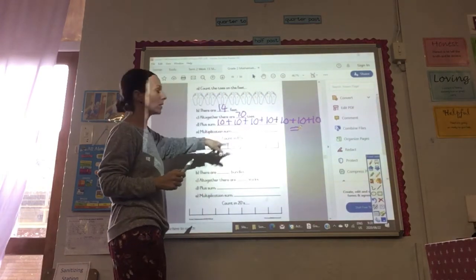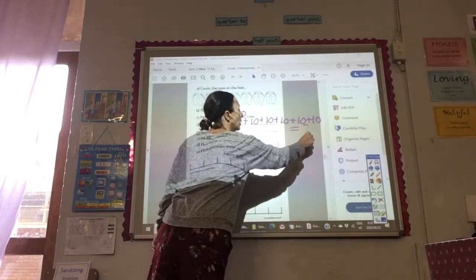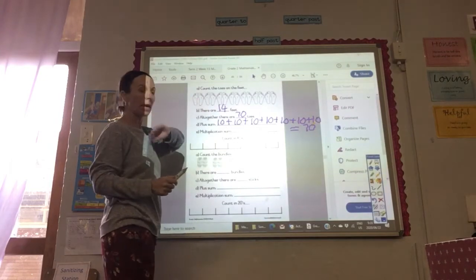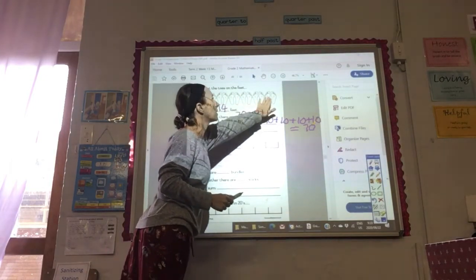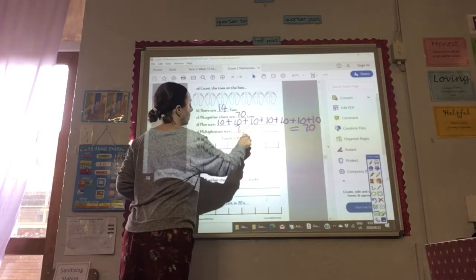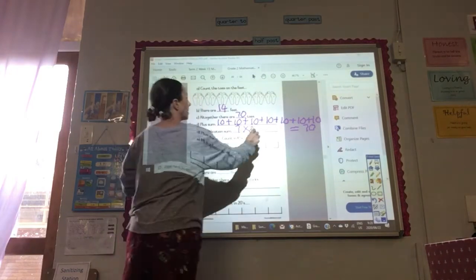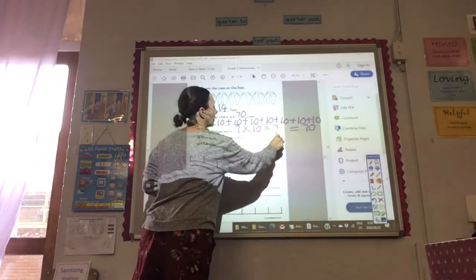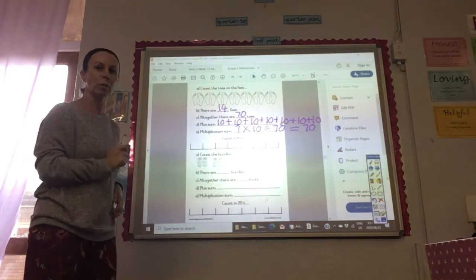So we've got to have 7 tens. 1, 2, 3, 4, 5, 6, 7, which gives you 70. So you could say that you had how many pairs of feet? So let's go. 1, 2, 3, 4, 5, 6, 7. 7 pairs times your 10 toes equals 70. So you could do it either way. I'm just showing you two different ways.